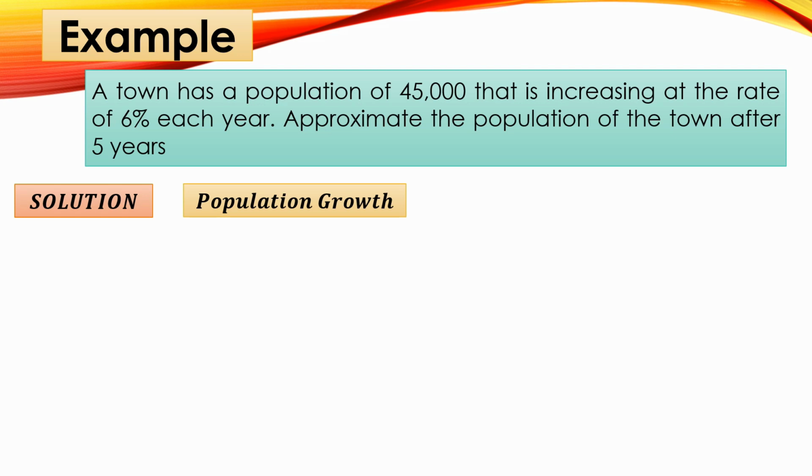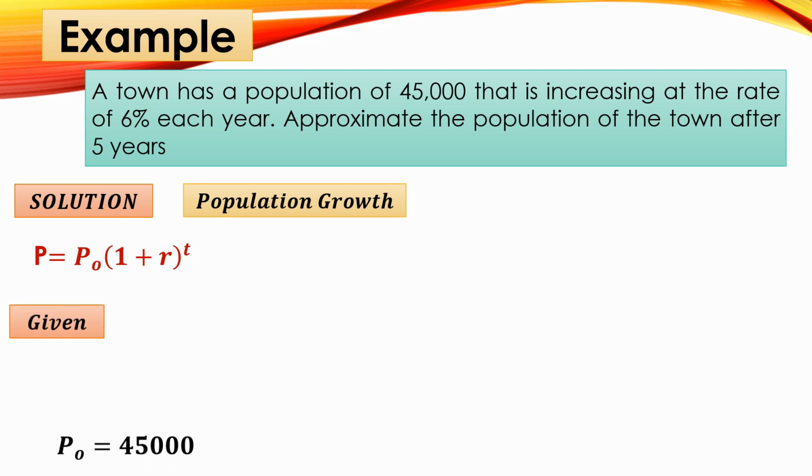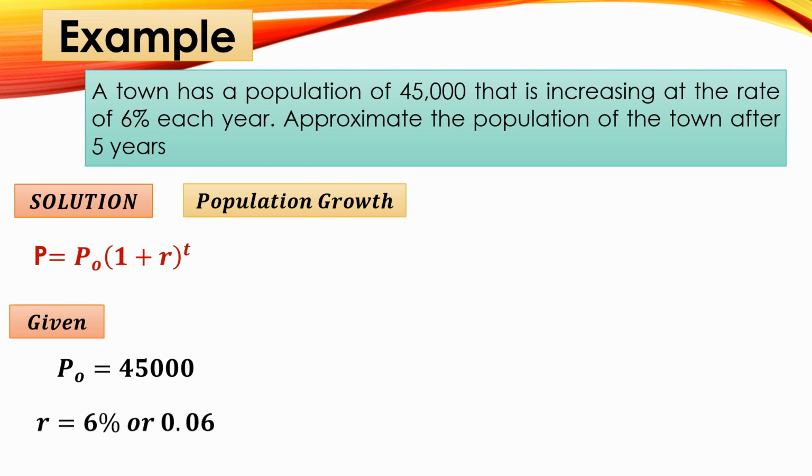Kung naalala nyo yung formula, this is our formula to find the population growth, which is population growth is equal to the initial population times 1 plus rate raised to our time. So what is our given? The initial population is 45,000 and the rate is 6% or 0.06, and then the time is 5 years.